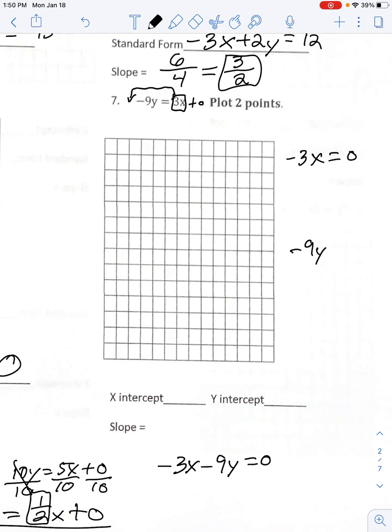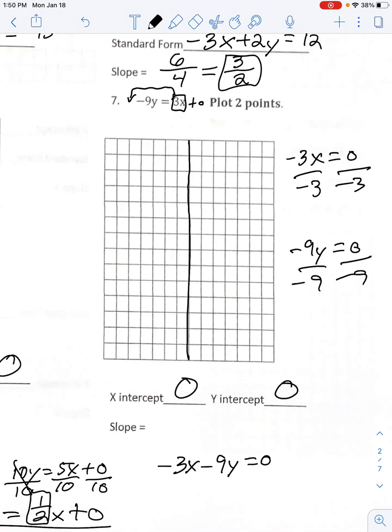To solve for the y, we're going to take the x out. And once again, when we divide by both, the intercepts go to 0. It's a very similar problem to the one we just did. So the intercepts are both 0, and again we're going to plot it at 0.